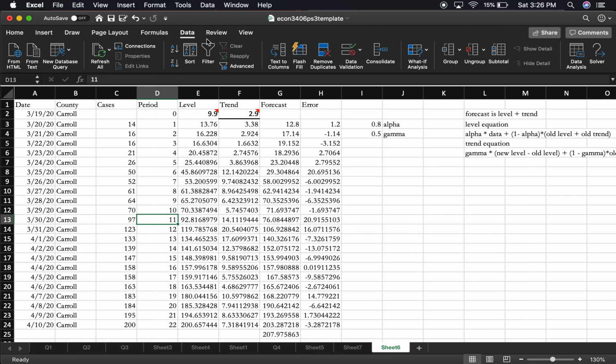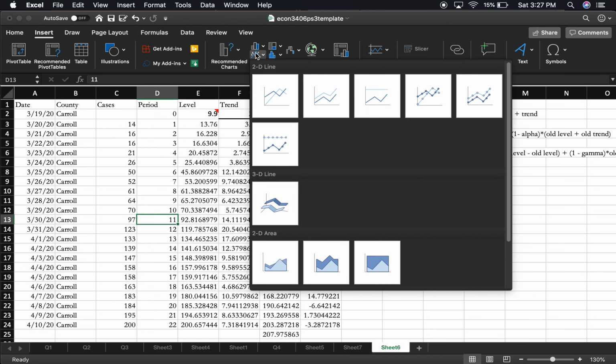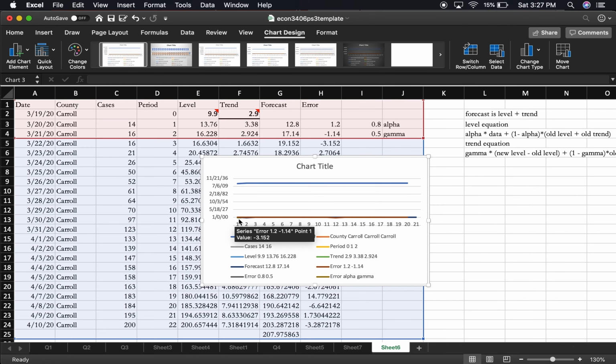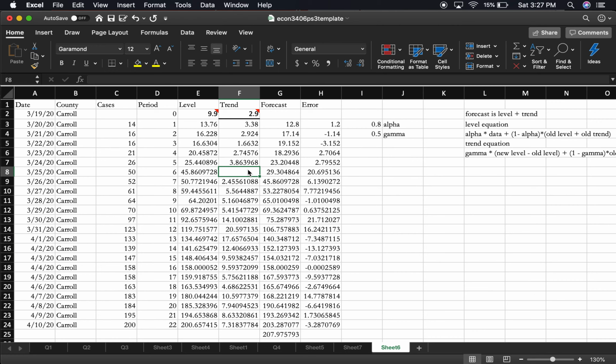I think if we do a little bit of a graph here, we go to home, insert, let's just insert a 2D line. Okay, I'm going to delete that. Let's delete the graph actually.